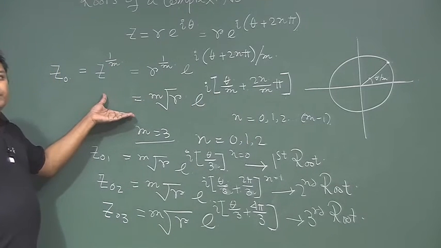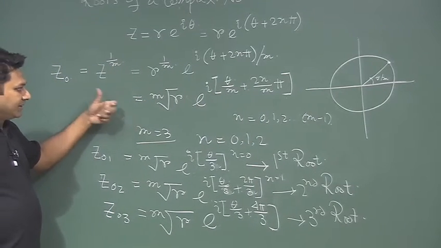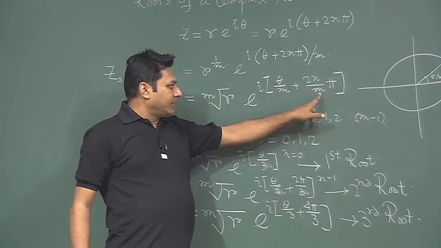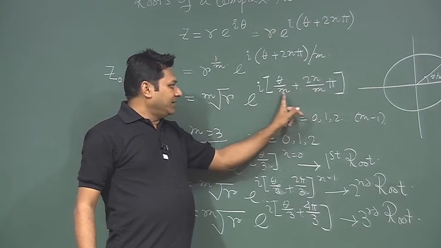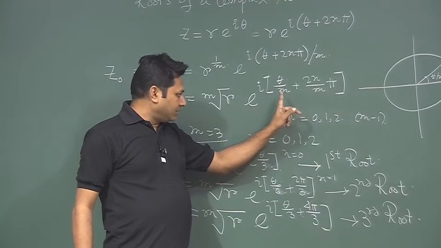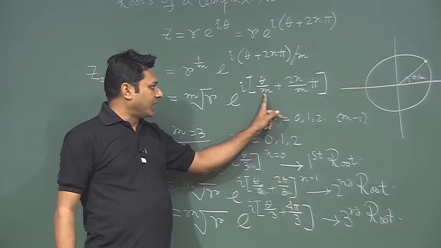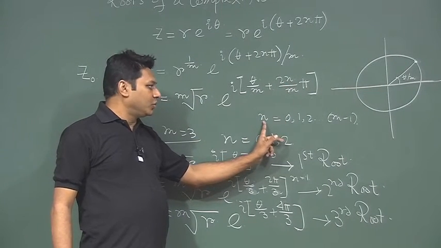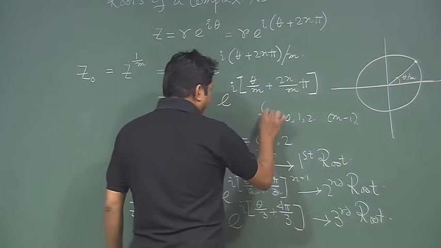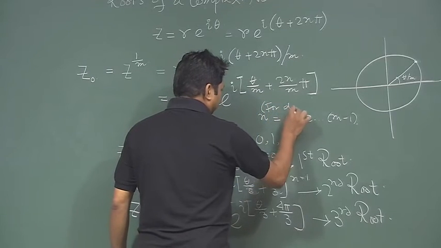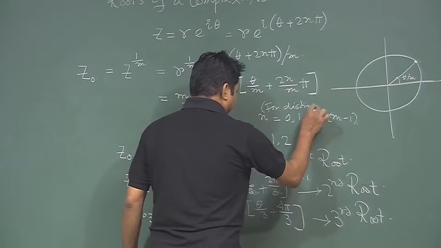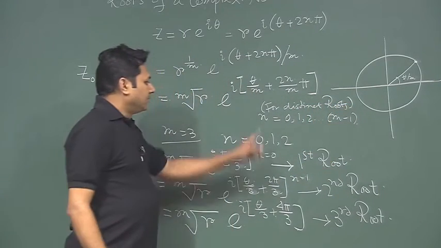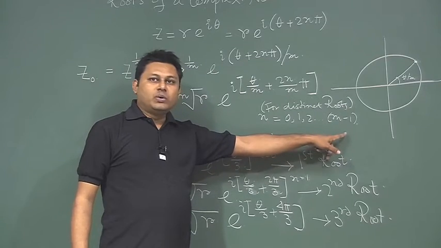So, the general expression for finding a root is nothing but this. Mind it, here I am using m and n. m is the given value, which tells which order of root I need to find, and n is an integer. For finding distinct roots, the range of n should be up to m minus 1.